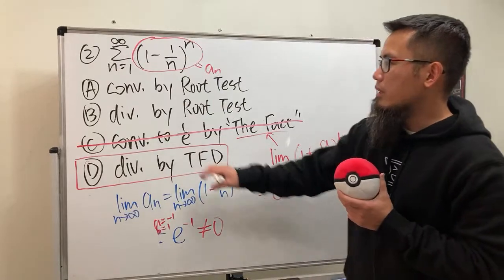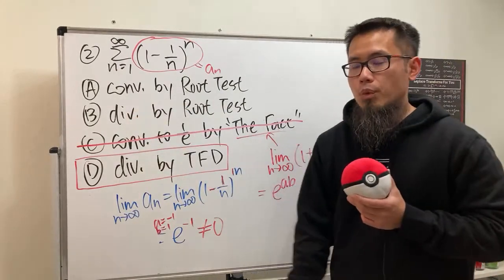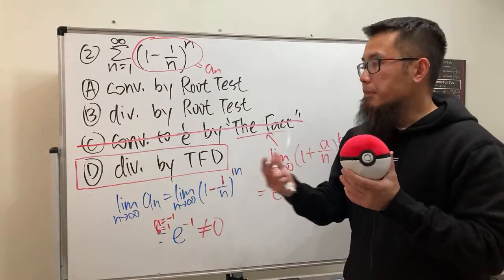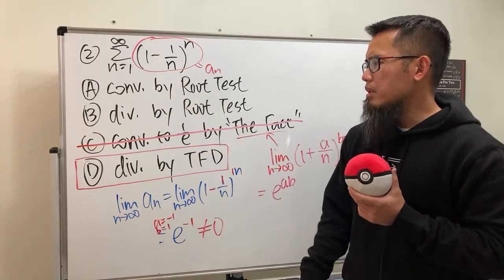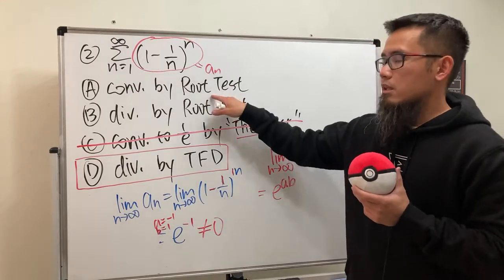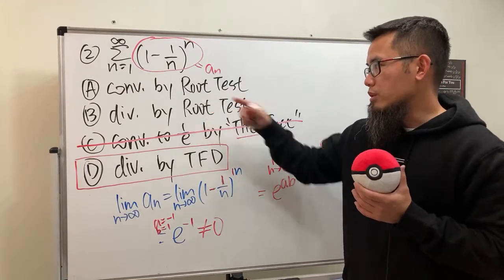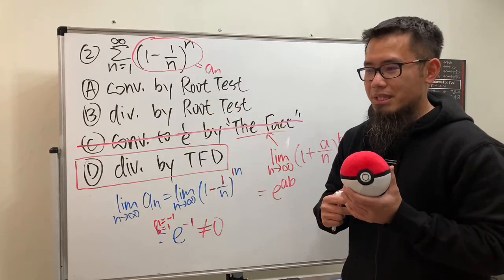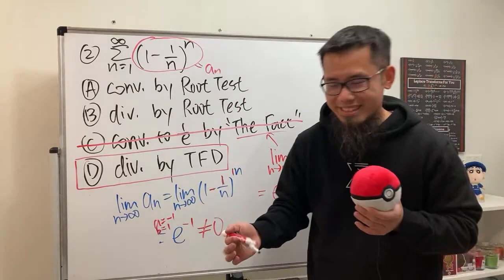And now you might be wondering, how about A and B? Well, they are the opposite options of each other, right? So shouldn't one of them be correct? Well, that's not true, because sometimes when you are doing the root test, you may not be able to draw conclusions.